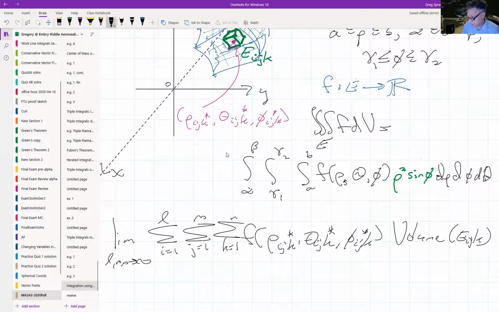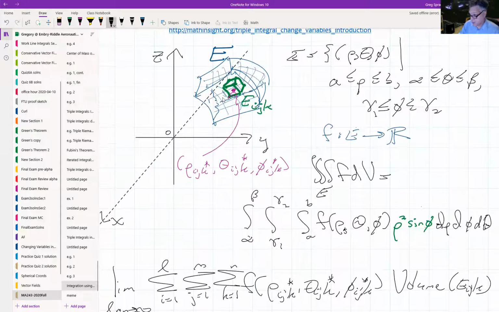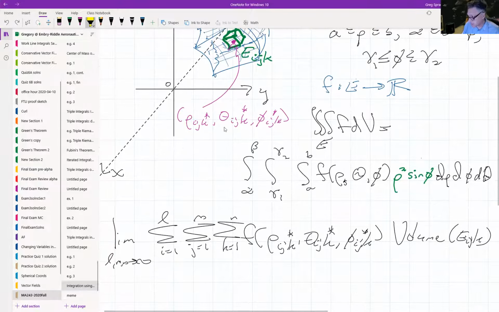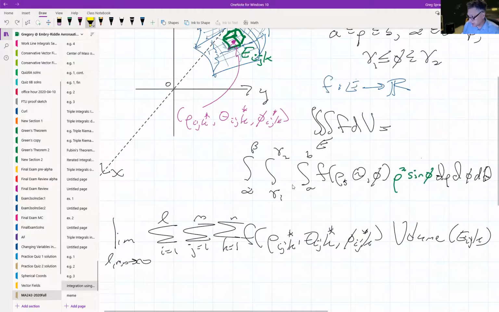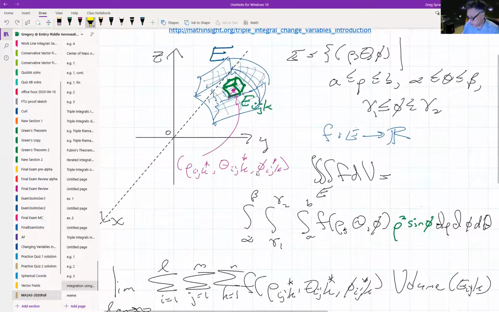So thinking of this as a mass, to find the mass of this object, we cut it into little pieces, estimate the mass of each piece by the density at one point times its volume. And if the deltas are small, then the density is approximately constant. So as we let the deltas go to zero, the limit approaches the actual mass. Now I just said deltas. The deltas are the change in the variables.